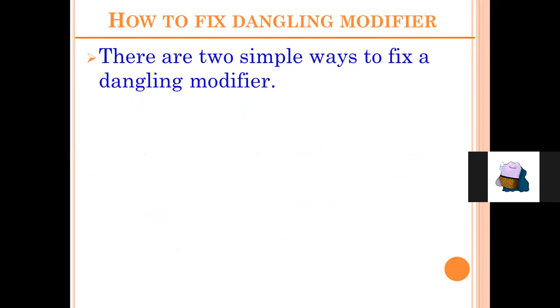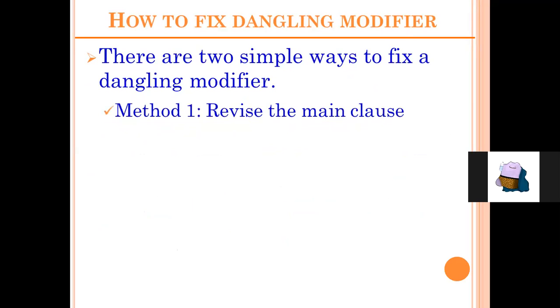And how to fix the dangling modifier? There are two simple ways to fix a dangling modifier. One is to revise the main clause. You have to fix the main clause. You have to add, you have to change.